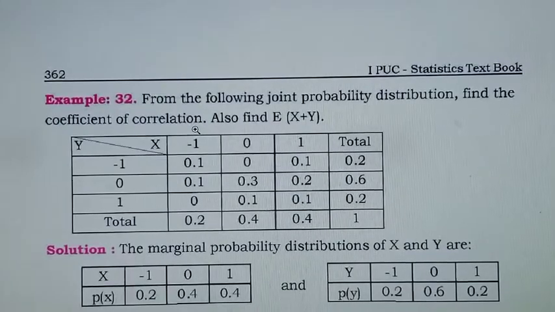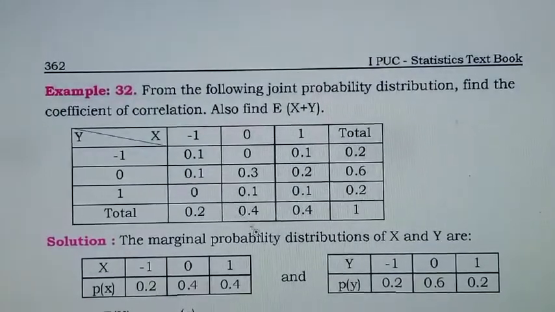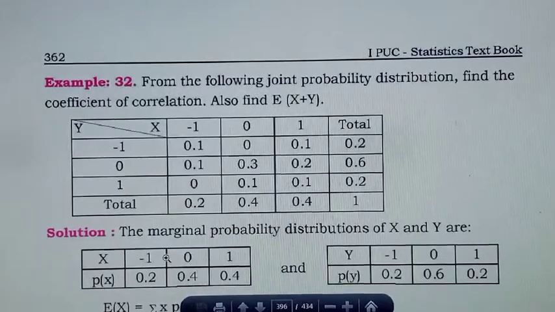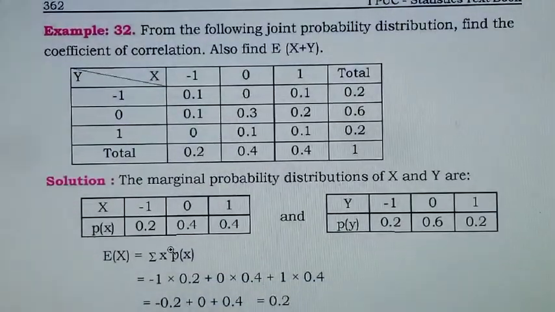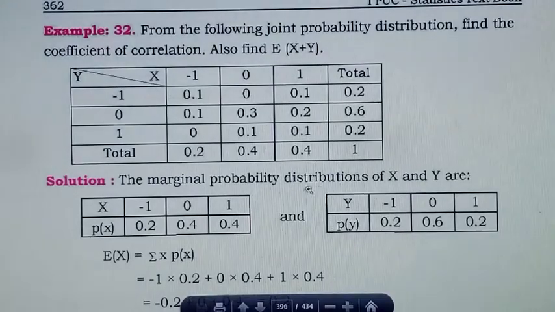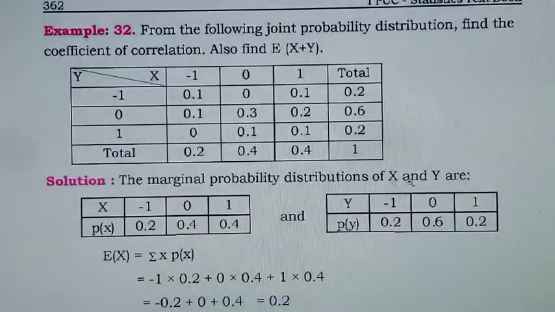Now marginal probability distributions. Let us see marginal probability distributions. You can see these two tables, right? Look at the marginal probability distributions of x and y. These are the x real values -1, 0 and 1, and these are -1, 0, 1. What are the totals? Generally these are row totals and column totals.